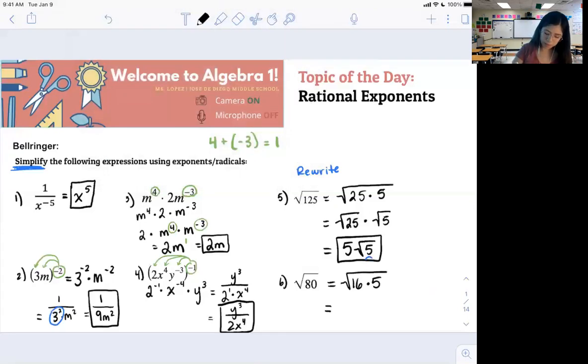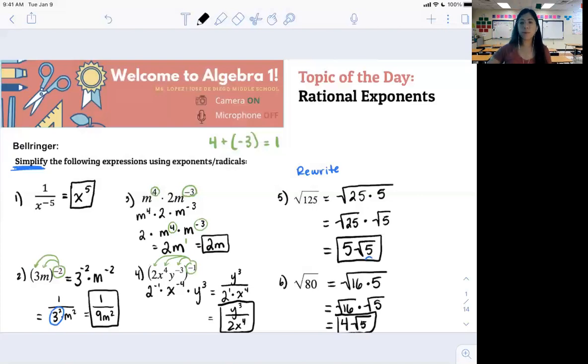Perfect square. So 16 and 5. And then the square root of 16 is? 4 times 5. So 4 root 5. You always want to say root so that I know that there's a square root there. So 4 root 5. 4 times the square root of 5.